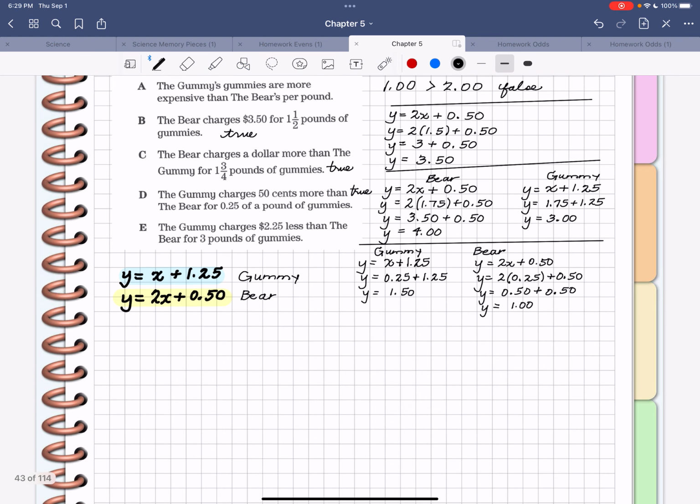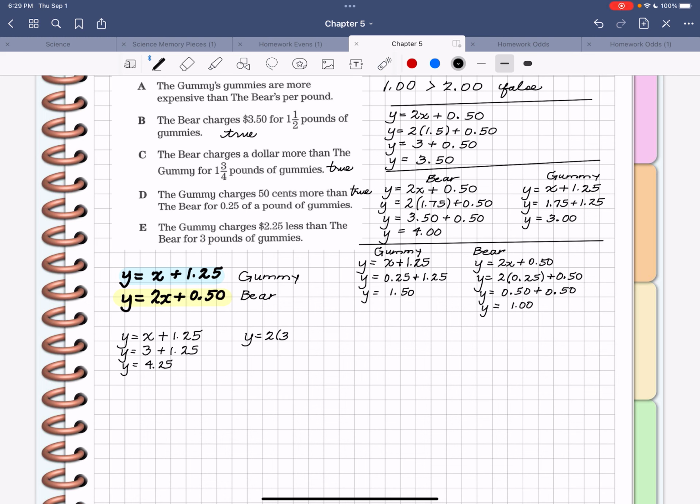And finally, we have option E. The gummy charges $2.25 less than the bear for 3 pounds of gummies. So y equals x plus 1.25, and we're going to use x of 3 plus 1.25. That's 4.25. And then we do the same 3 pounds on the other formula.